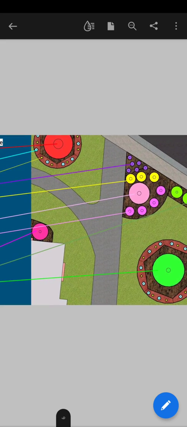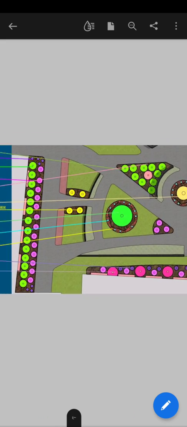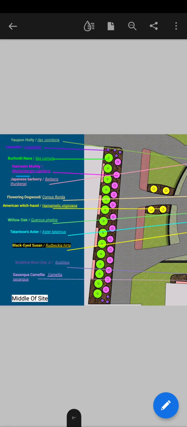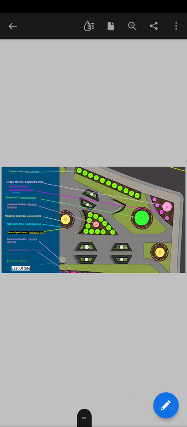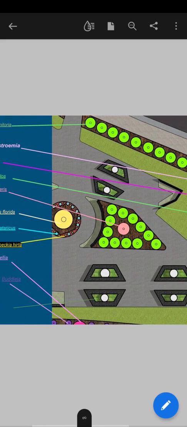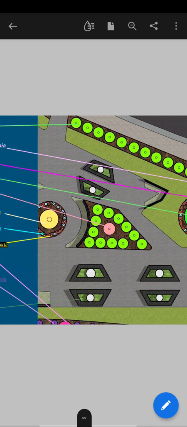The north of the site specifically. This is the middle of the site, a very high traffic area. And this is the east of the site, which is connected to the middle and will also more than likely be high traffic.